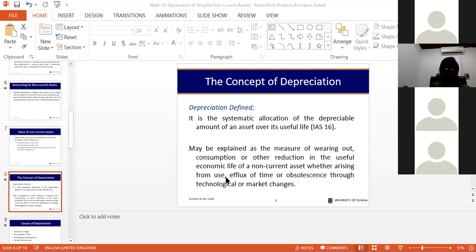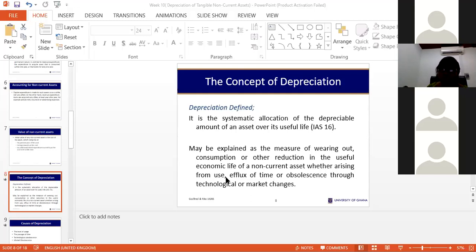At other times, you want to quickly allocate the value because after a while, that asset will no more become useful, either because there's technological improvement and so that becomes a useless one, or the market for that particular equipment does not exist any longer. And so you want to quickly allocate the amount over a number of years. So all these things will be factored in determining the useful life of the assets.